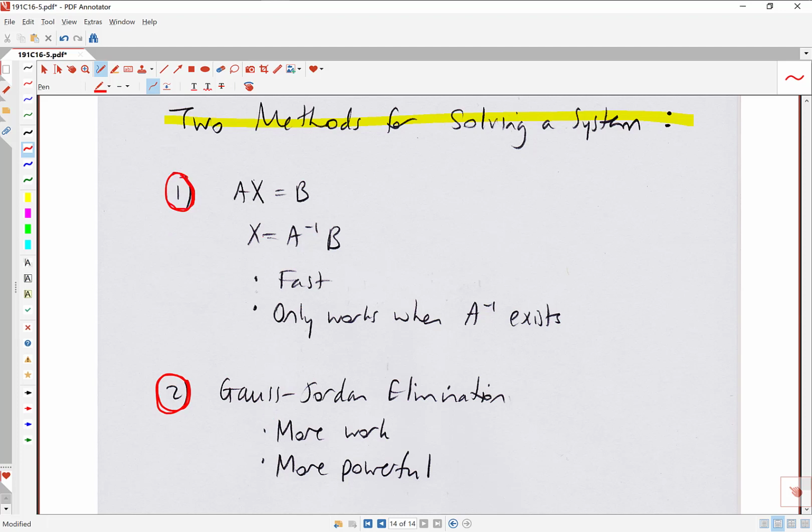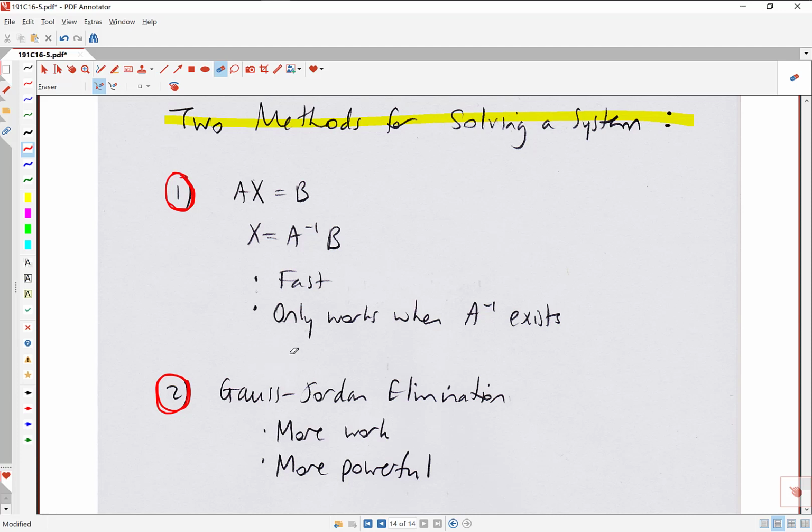You may remember, we wrote our system in the form Ax equals b, and then we solved this for x. We said x equals A inverse times b. So the benefit of this approach is that it's fast, but the downside is that it only works when A inverse exists. Some matrices don't have an inverse matrix, so you won't always be able to use this first method.